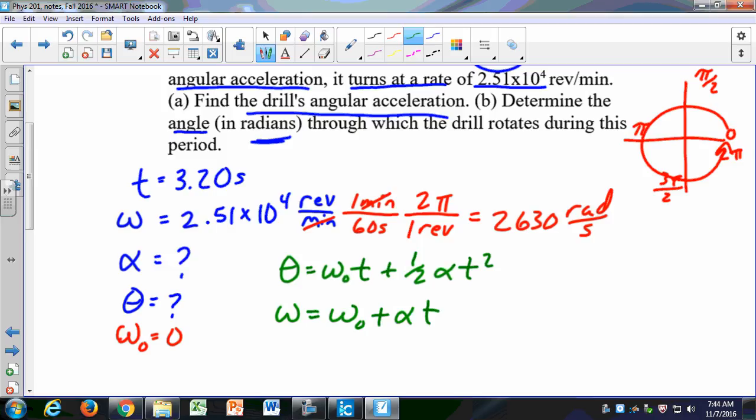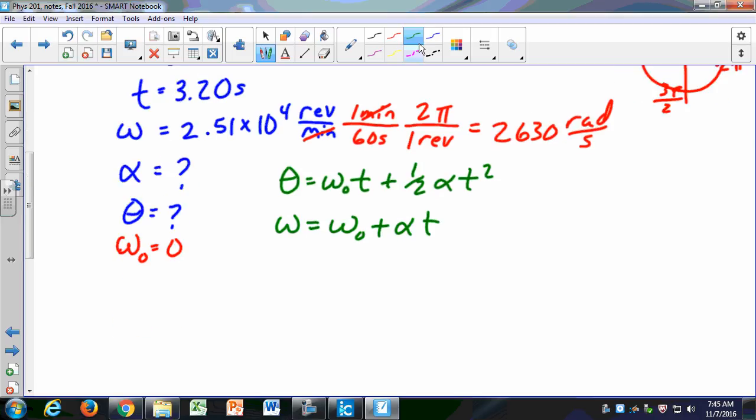And I don't know, well gosh, what don't I know? I don't know alpha, and I don't know theta. Here, I don't know alpha, and I think that's the only thing that I don't know here, right? So I can take this equation and solve it for alpha.